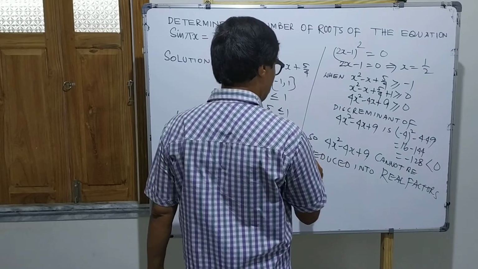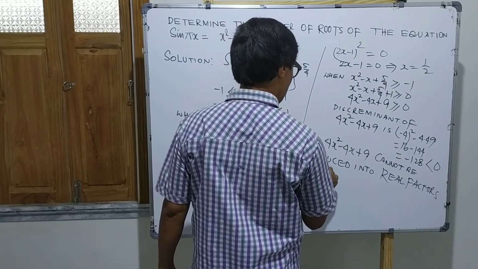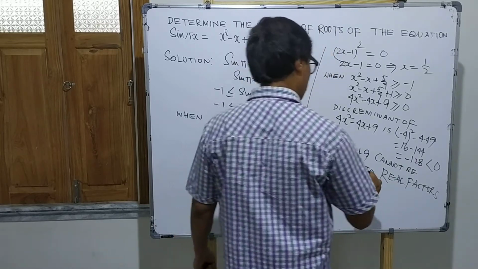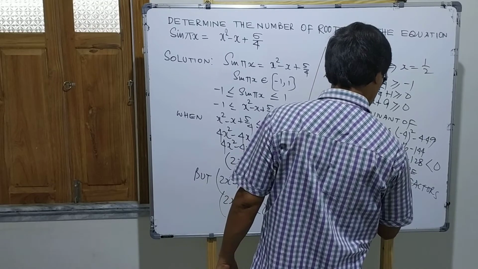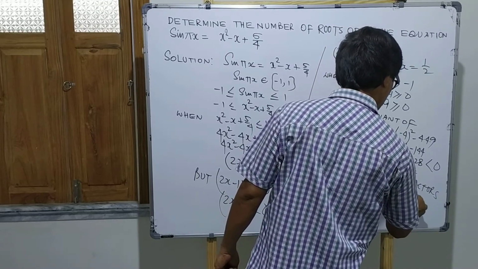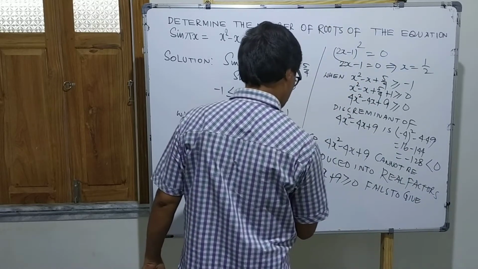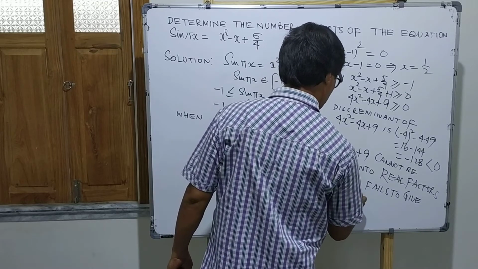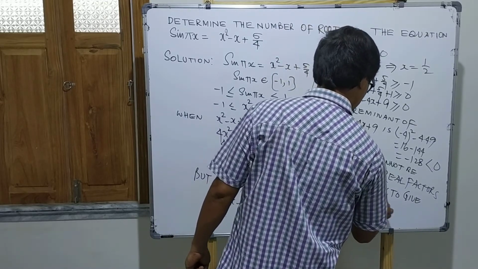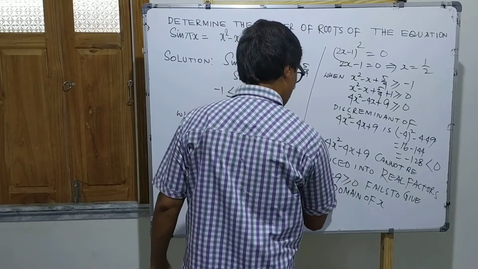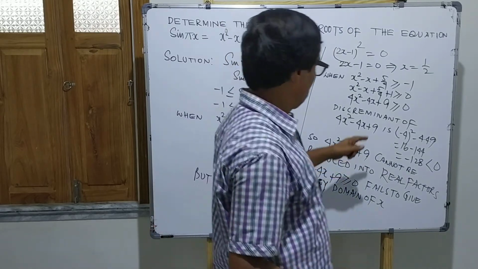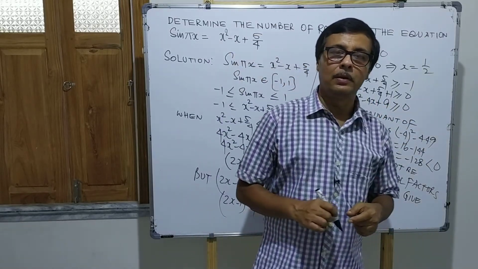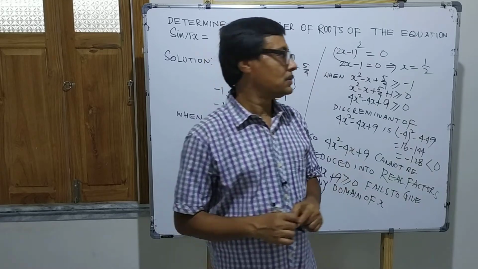So 4x square minus 4x plus 9 greater than or equal to 0 fails to give us any domain of x. So we cannot find any roots of this equation from this inequality.